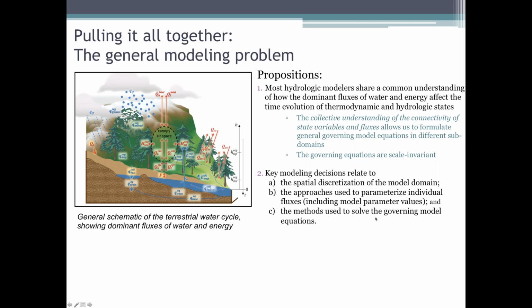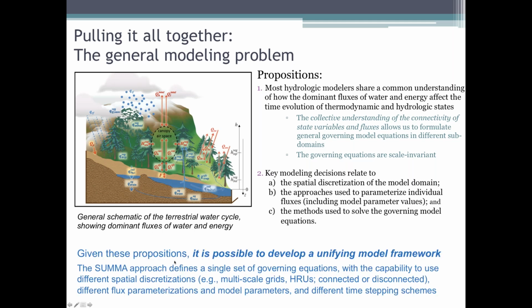And the methods used to solve the governing model equations. How do you actually code time stepping within your model? So given this, it's possible to develop a unified model framework, and the goal of SUMA is to come up with a single set of governing equations with the capability to use both different spatial discretizations, different flux parameterizations and model parameters, and different time stepping schemes.